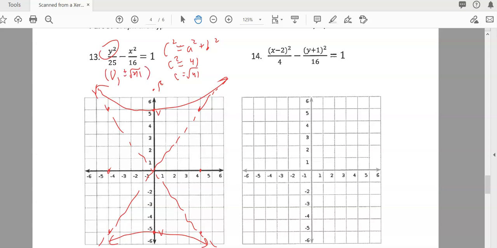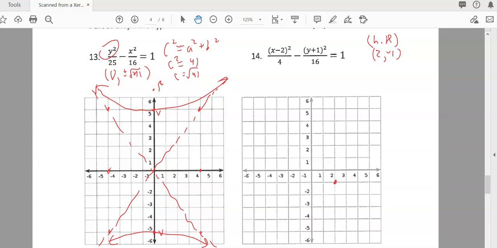This one has a different center, right? So the center, the h, k, would be at 2, and it helps to write it out, especially when you're starting out, 2 comma negative 1. So that's your center, that's your starting point.